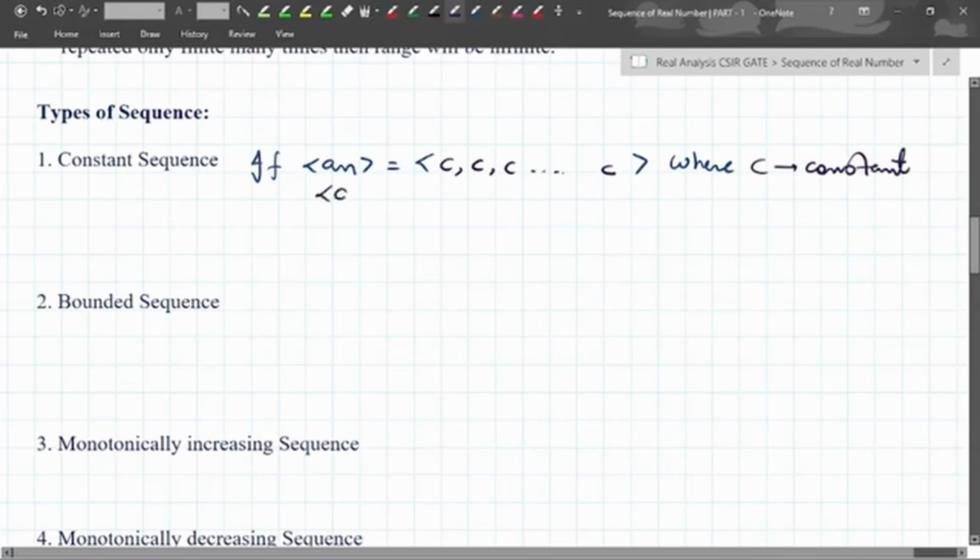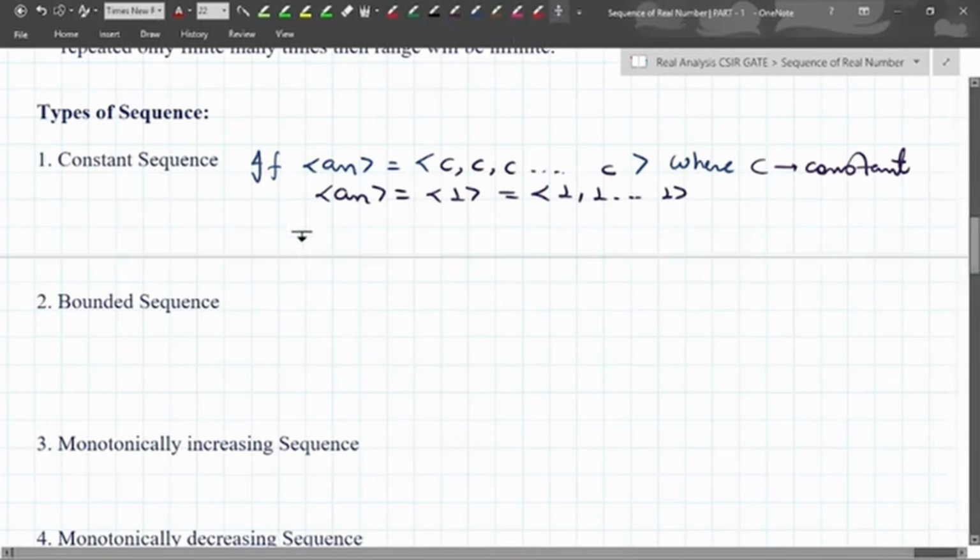For example, an is equal to the sequence 1 only. This is 1, 1 up to 1. This is the constant sequence. Not all terms are different, all terms are the same. Only one term will repeat infinitely many times. That is the constant sequence.